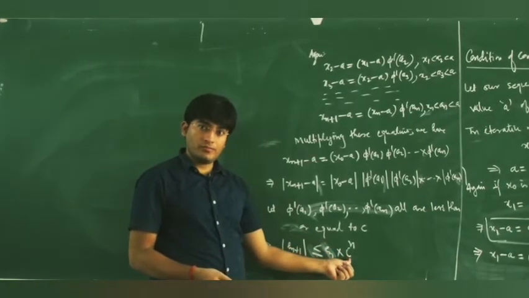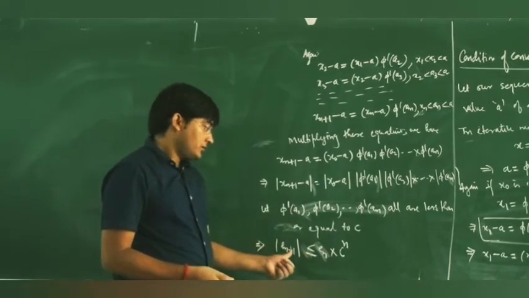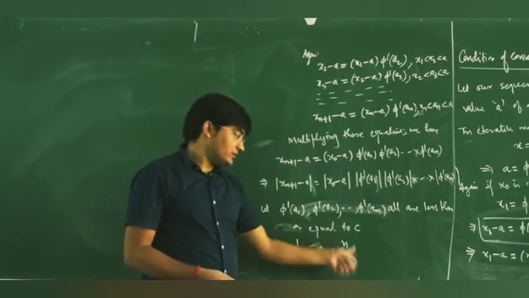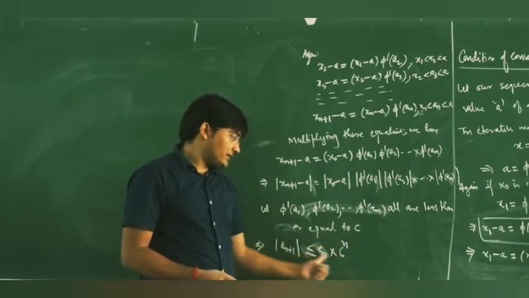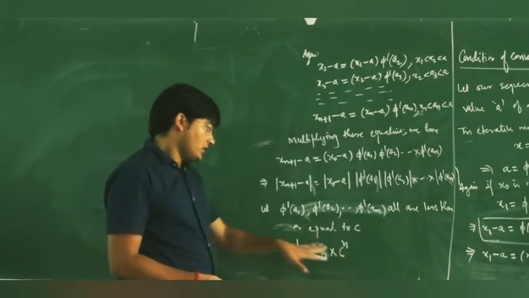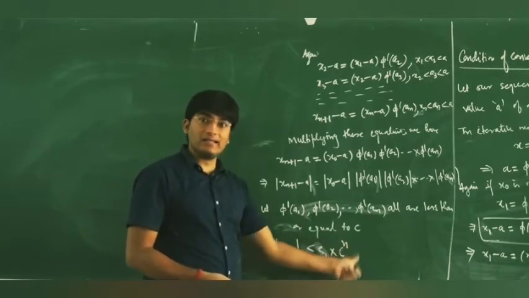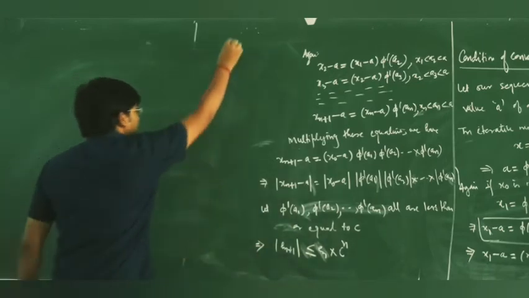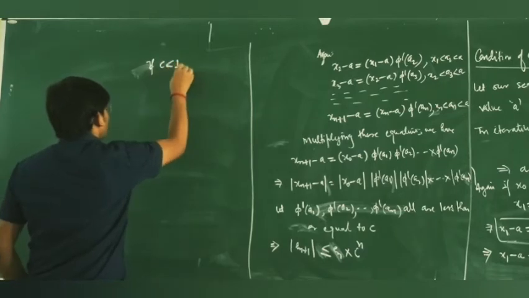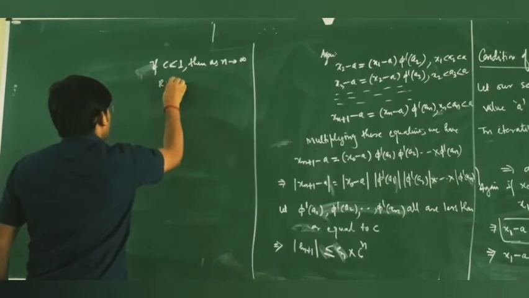Now let us assume c less than 1, because only in that case will e(n+1) converge. If c is less than 1, then taking the limit, this will converge towards a finite quantity, and only when c is less than 1. So as n tends to infinity, the right hand side tends to 0.